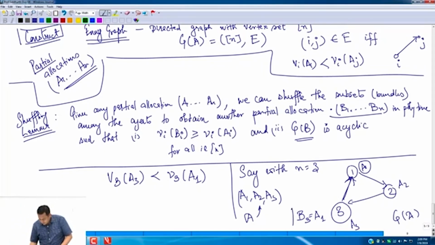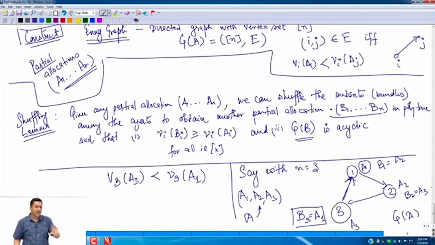So my suggestion is, let's traverse the cycle, like a true Indian, going in the opposite direction of a one-way lane, and reverse the cycle. So B1 becomes A2, you swap, and B2 becomes A3.